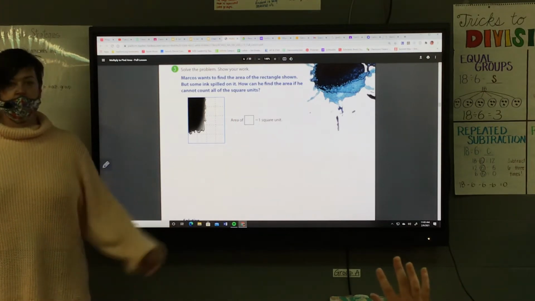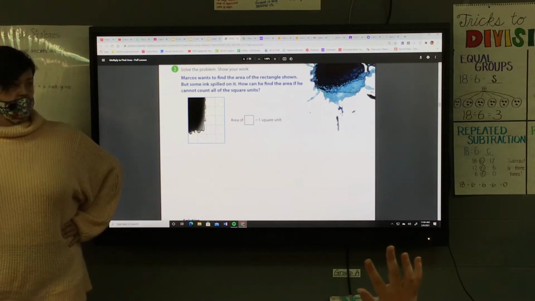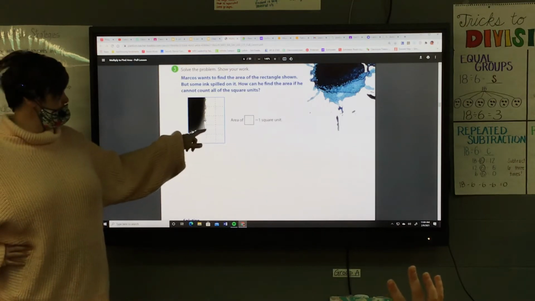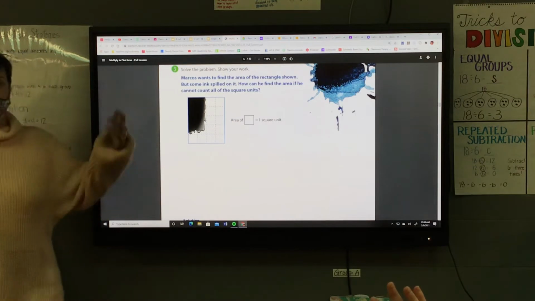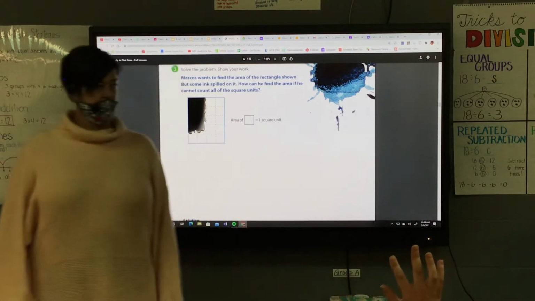Instead of going 1, 2, 3, 4, 5, 6, I don't know how many are under there. I can't find the area. How could he find it?